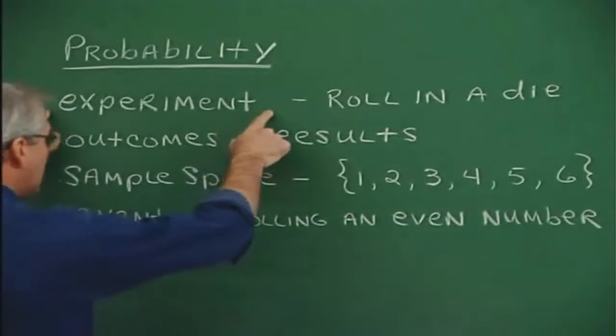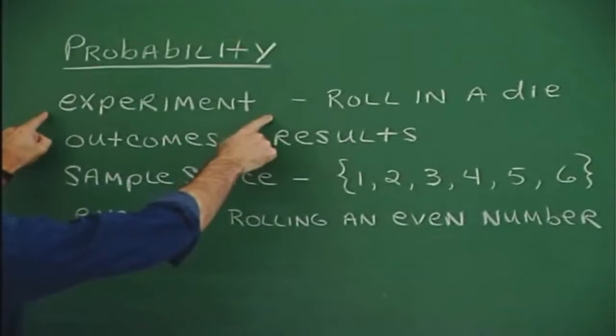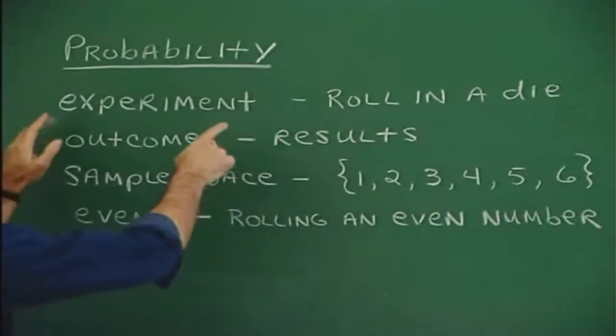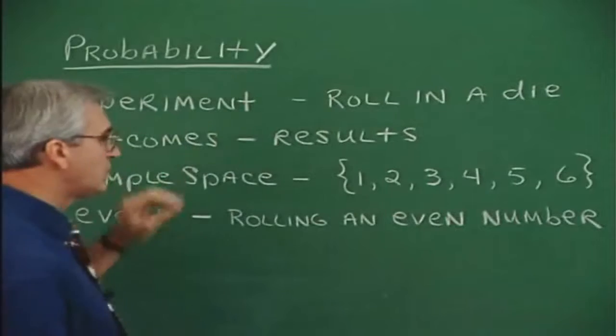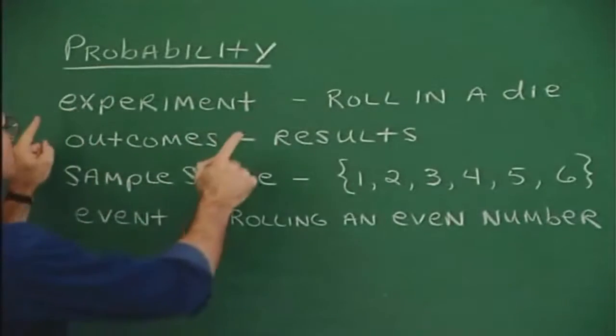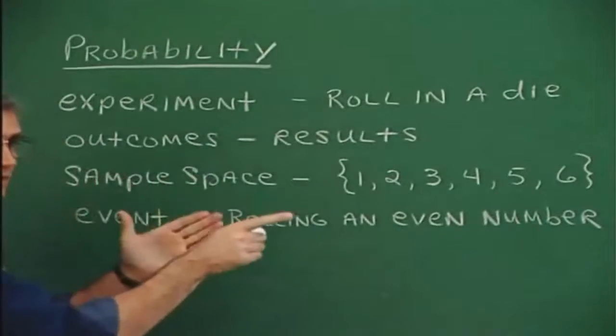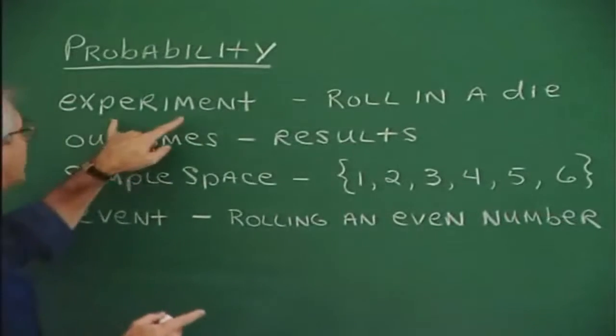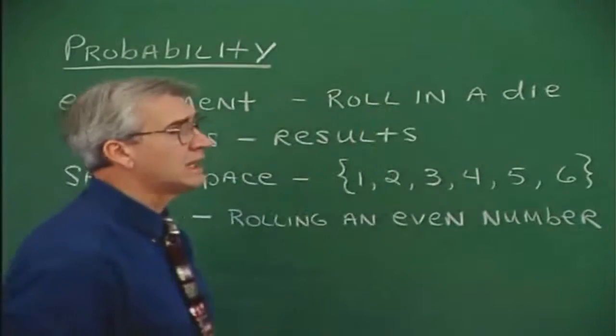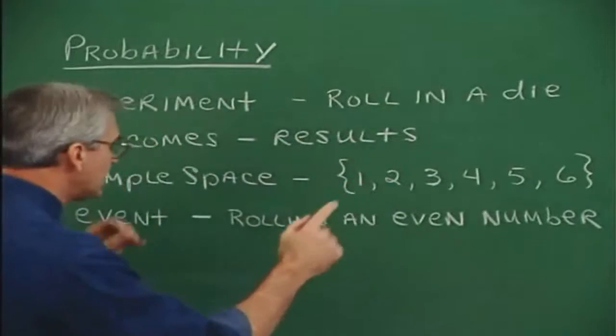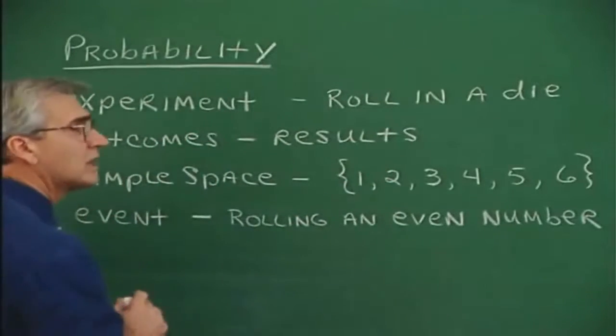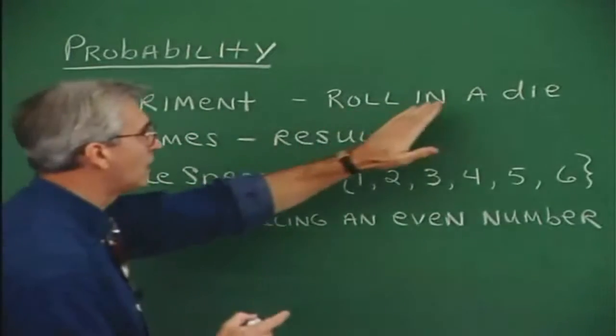An experiment is a happening whose result is unknown. Now, that kind of definition is not something that you need to commit to memory. You'll understand the nature of an experiment by some examples that we talked about. An example of an experiment would be rolling a die. You see, rolling a die is a happening whose result is unknown. We don't know the result of this rolling of a die.